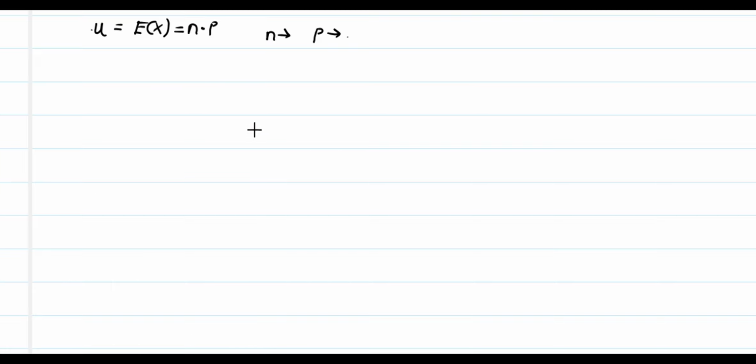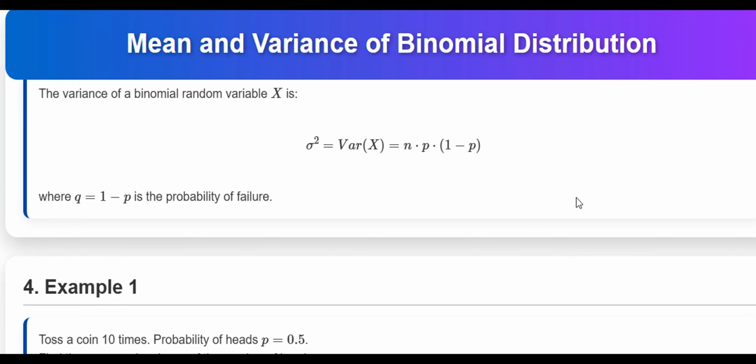So the variance, sigma squared, equals Var(x), which equals n multiplied by p, the probability of success, into 1 minus p, the probability of failure.